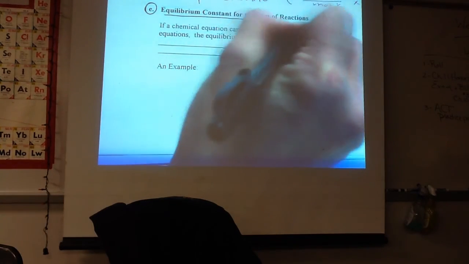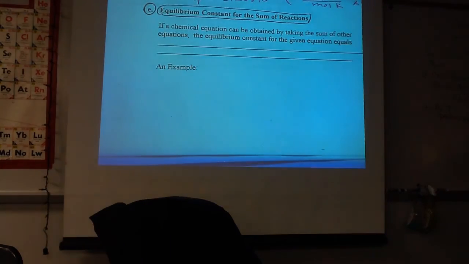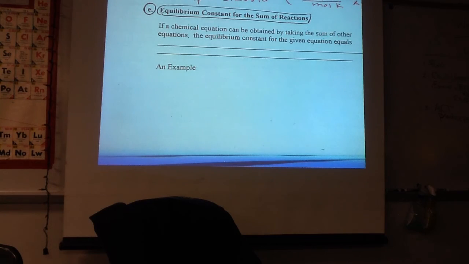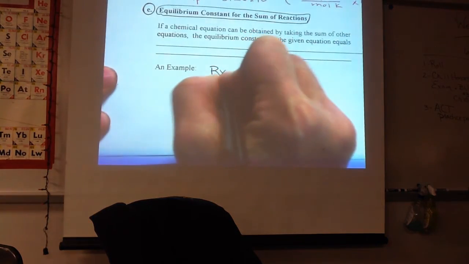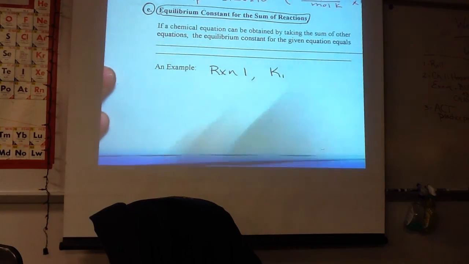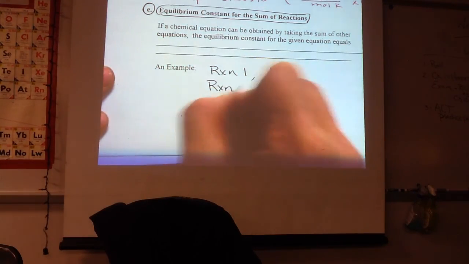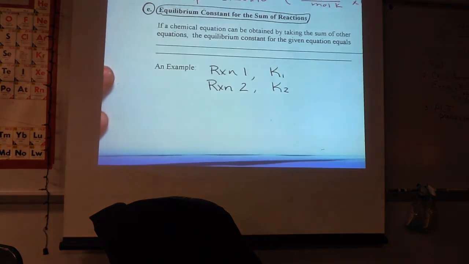All right. One more last final concept. How do you find an equilibrium constant when you add up a couple equilibrium equations? So suppose I have a reaction 1 and I have its K value, we'll call it K1, and I have a reaction 2 and I have its K value, we'll call it K2.